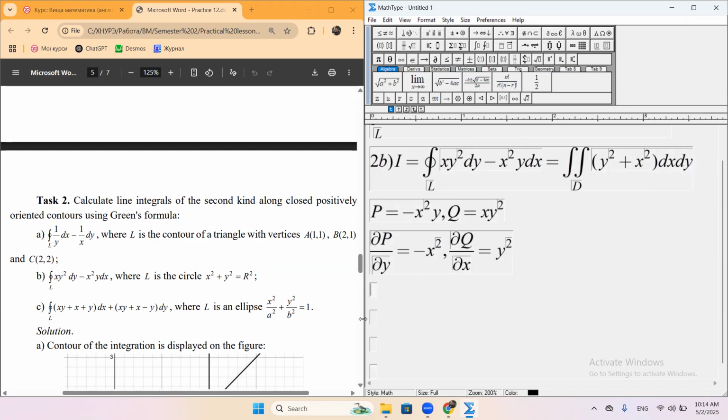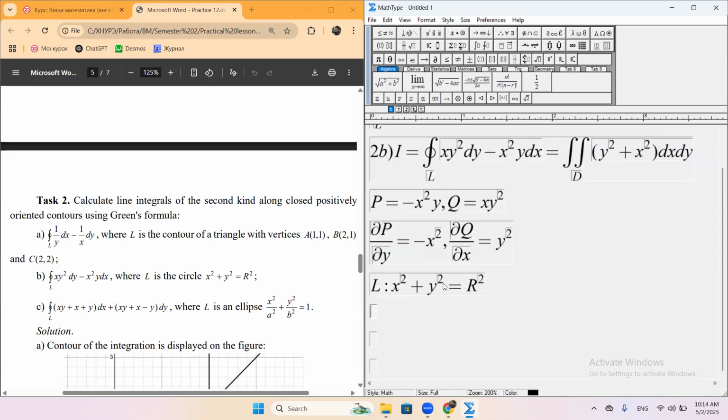Okay, what about limits of integration? First of all, we see that the region is round, bounded by this circle. So it is a good idea to move to polar coordinates. As we integrate in the whole circle, let me remind you the formulas.